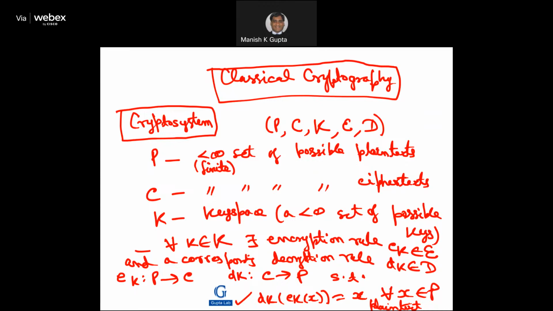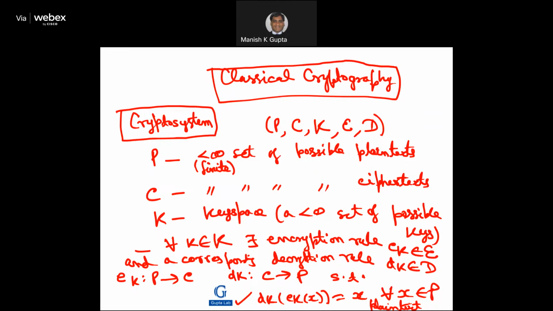Anyway, normally a crypto system is a 5-tuple mathematically. T is a finite set of possible plain text, which is not encrypted. It could be anything. Normally people assume initially integers or some alphabet, right? So plain text.